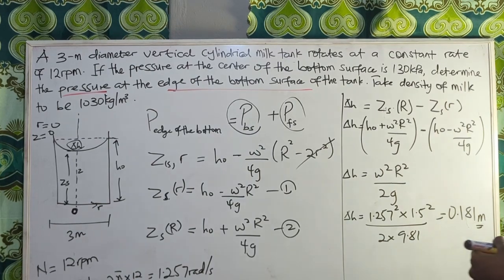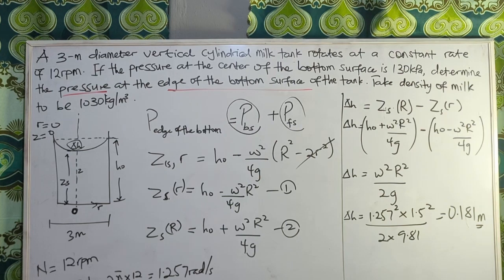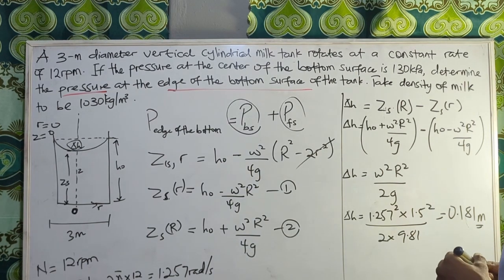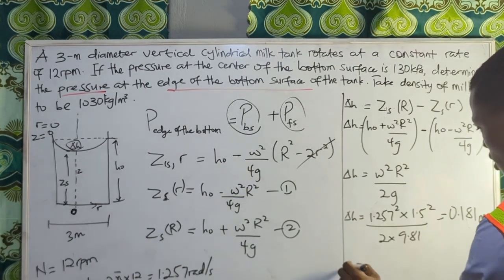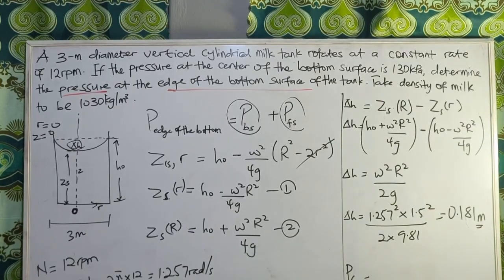That's what you are going to get for delta H here. After getting that, we can easily find the pressure. We know that the pressure for the FS, the free surface, is going to be rho g delta H.